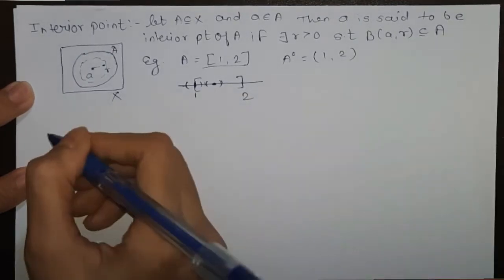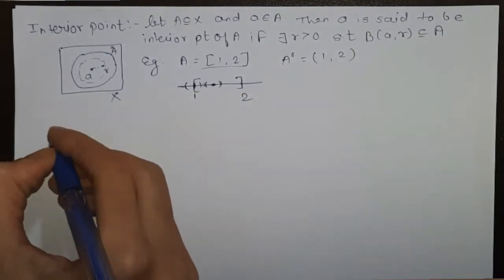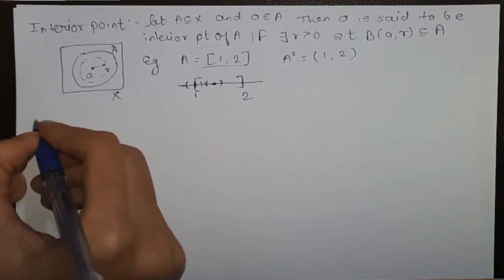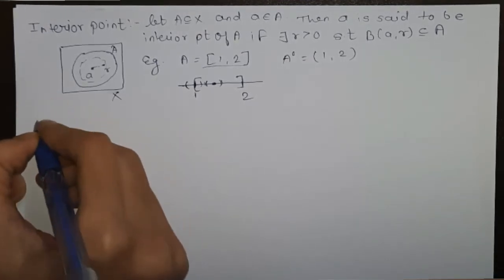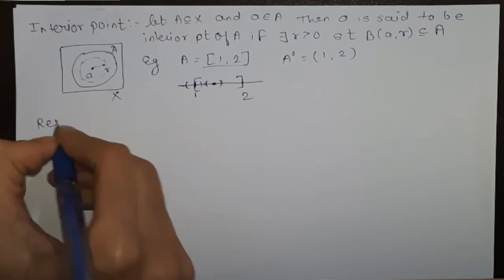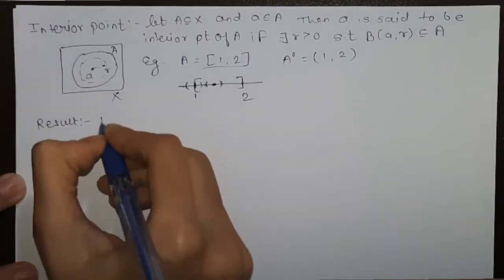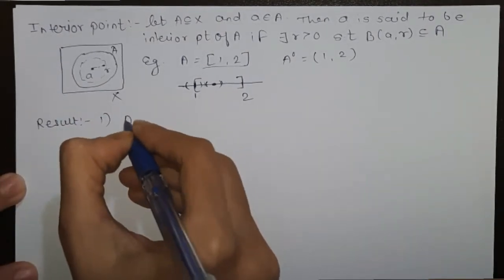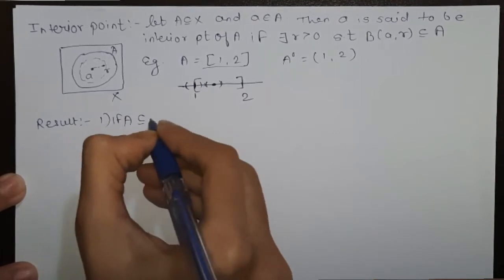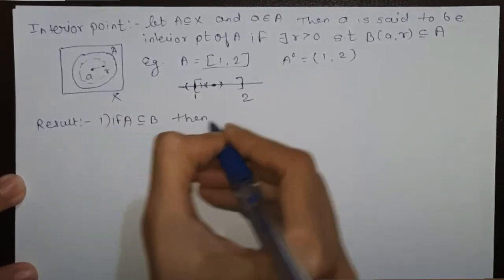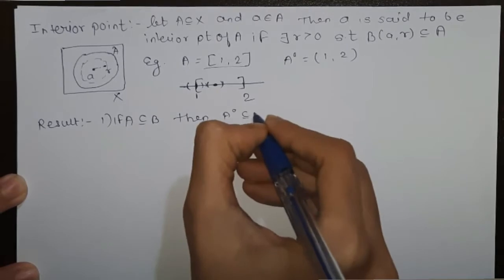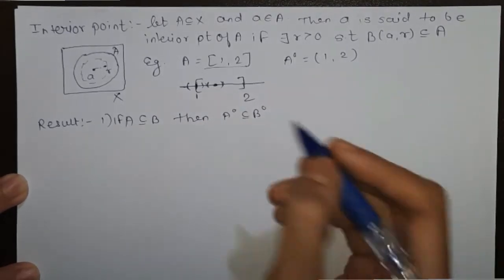Here we have some results. One can easily prove these. The first result is, if A is a subset of B, then A interior is a subset of B interior.